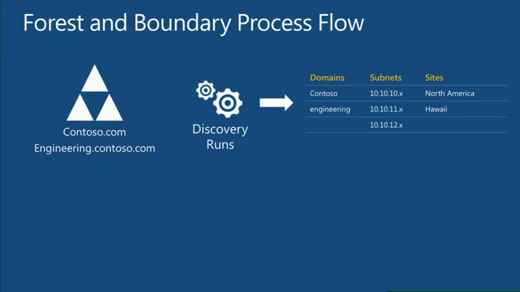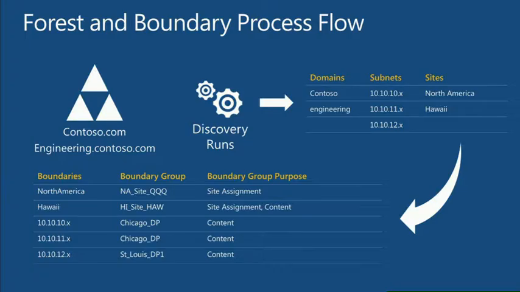Then you can go ahead and convert those into boundaries. So we can go ahead and create boundaries out of those IP subnets as well as the AD sites. You can have automatic boundary creation if you wish, or you can just have it discover the IP subnets and discover the AD sites, then you individually pick and choose which ones you want to use as boundaries.